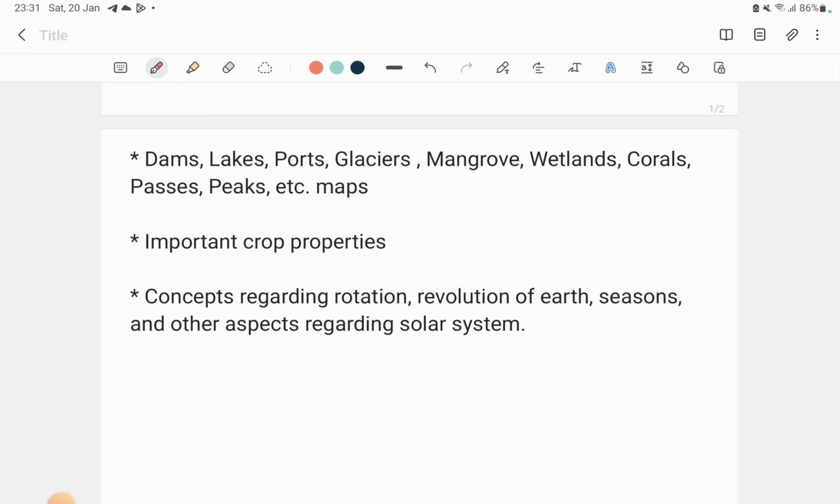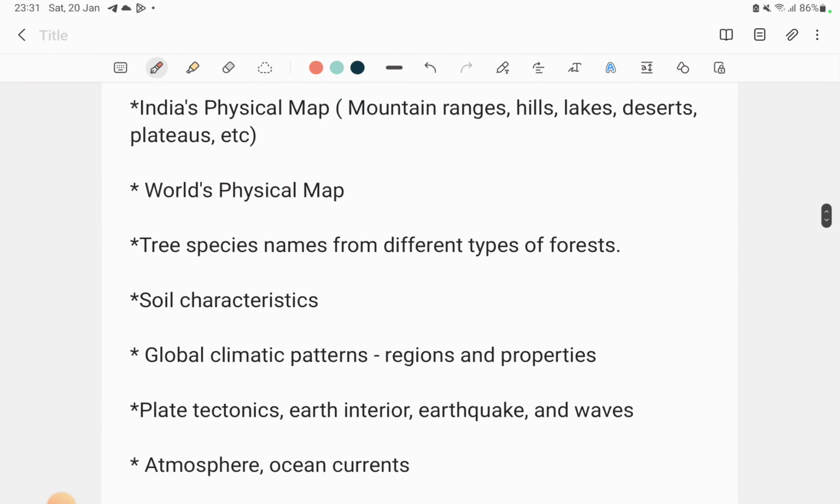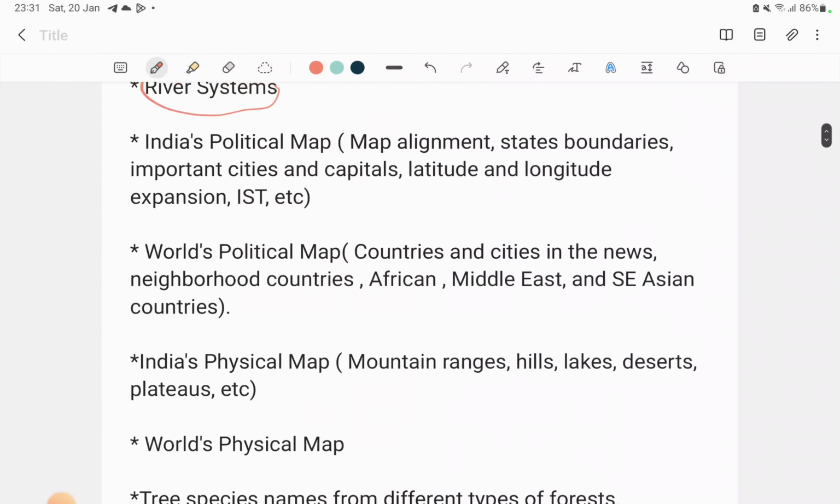Basic stuff you should know about important crops. And last but not the least, the concepts of rotation and revolution of the earth, how different seasons are formed, what the motion of the earth in the solar system is, and other similar aspects. Time and again questions are formed on these core topics of geography.